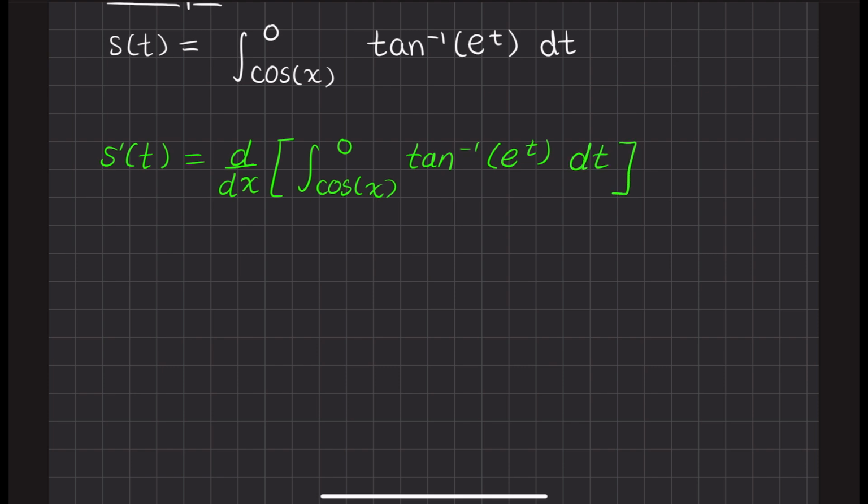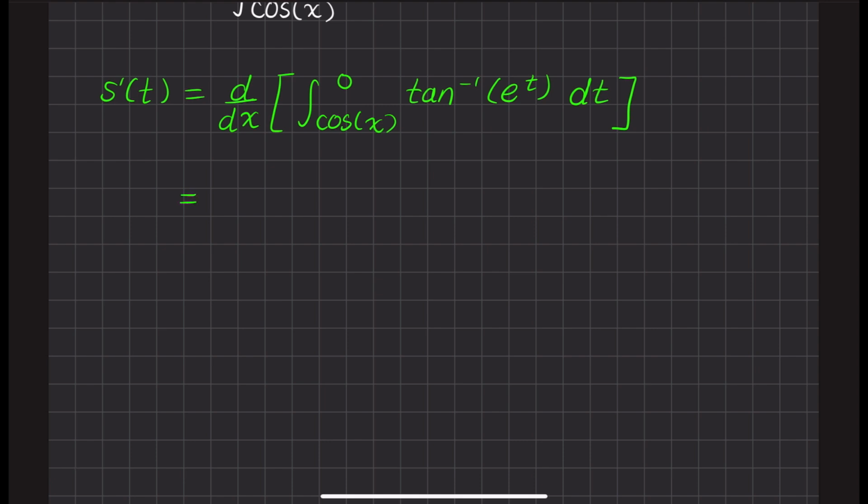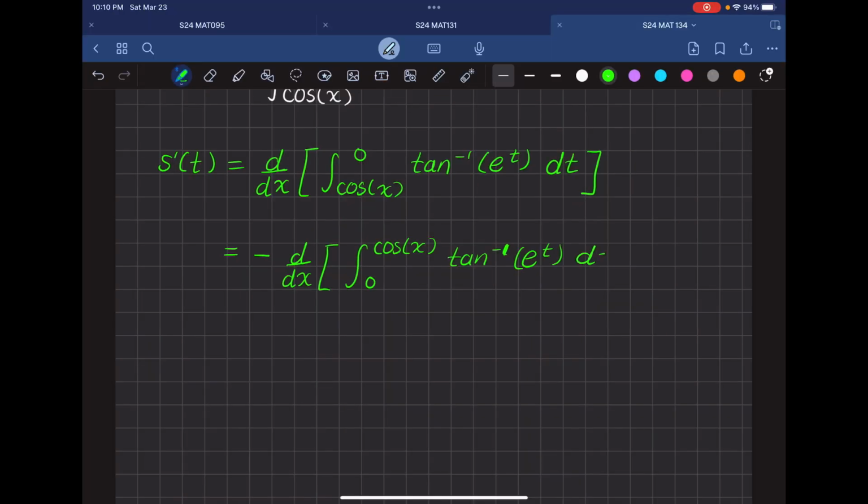The first thing I'm going to do is swap my bounds. If you think back to the properties of integrals, if we flip our bounds, we just make the integral negative. So I can pull that negative all the way out in front. So I have negative d dx of the integral from 0 to cosine of x of arctangent of e to the t dt.